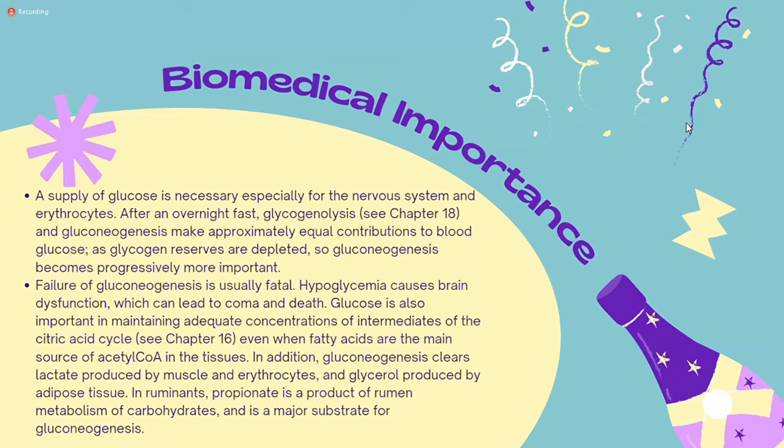And also, gluconeogenesis is very important in removing lactic acid produced by muscles in anaerobic glycolysis and in erythrocytes. Because erythrocytes, or your red blood cells, form energy through anaerobic glycolysis.